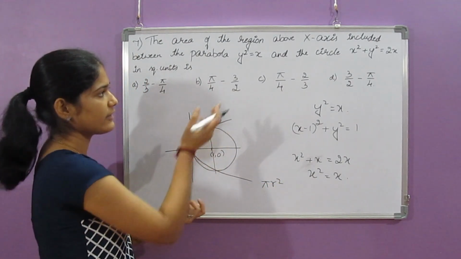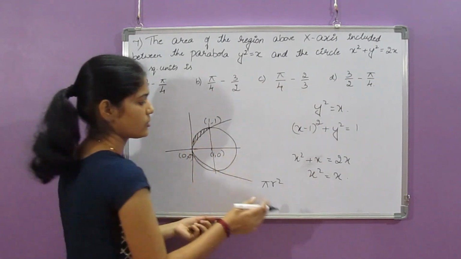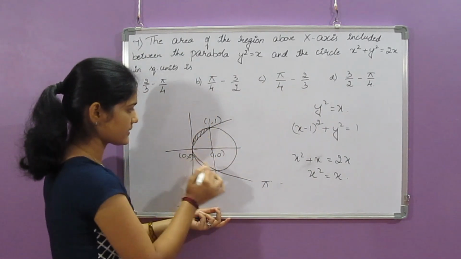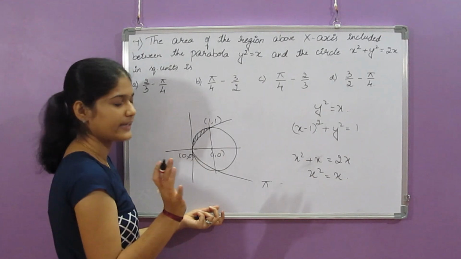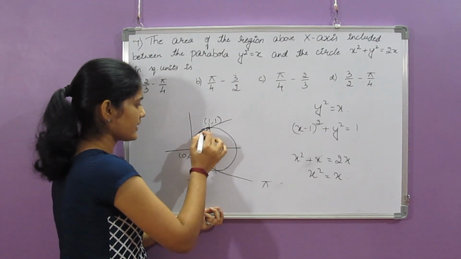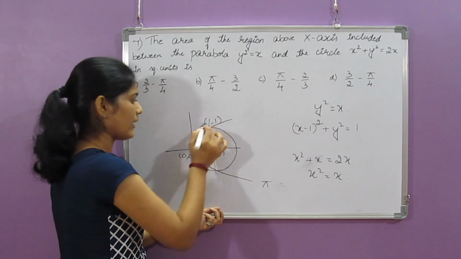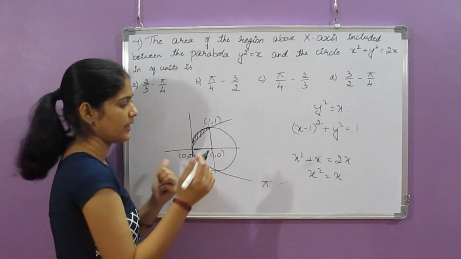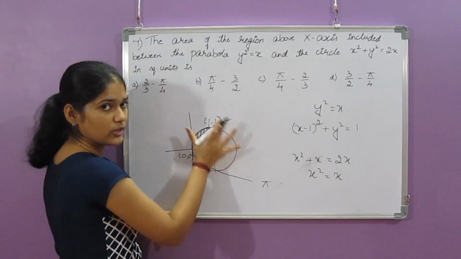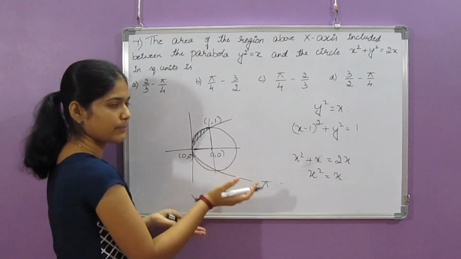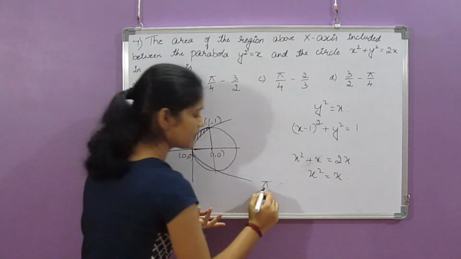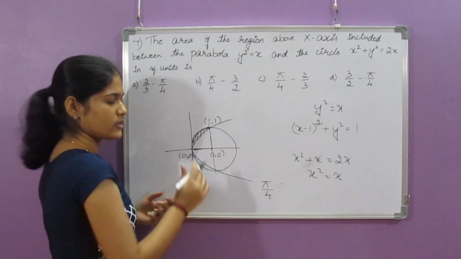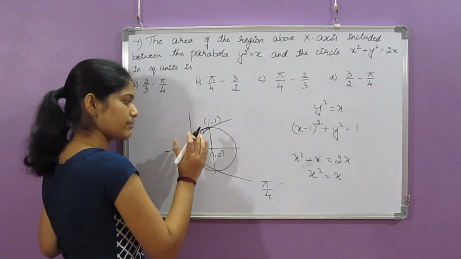And they have given the radius is 1. So directly the area of this circle is pi. And this region means 1 by 4th of the circle. The area of the whole circle is pi, so 1 by 4th of that means pi by 4. So the area of this region is pi by 4.